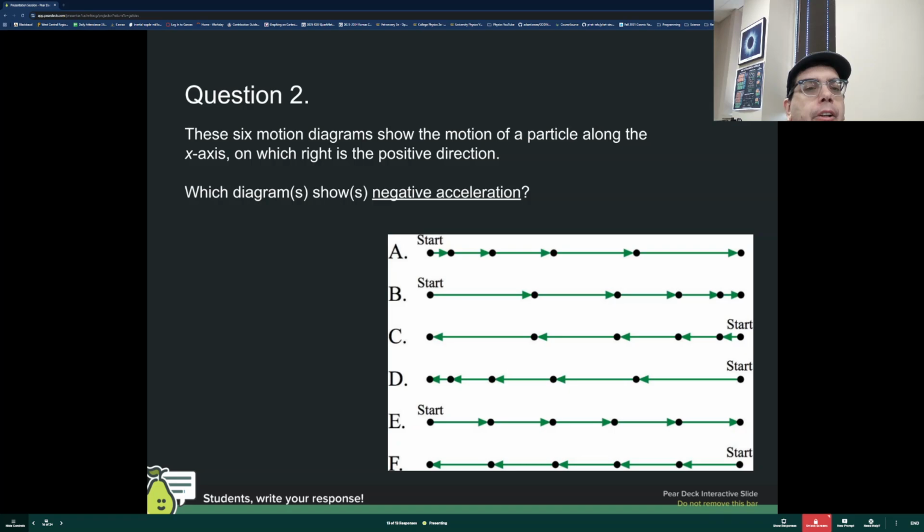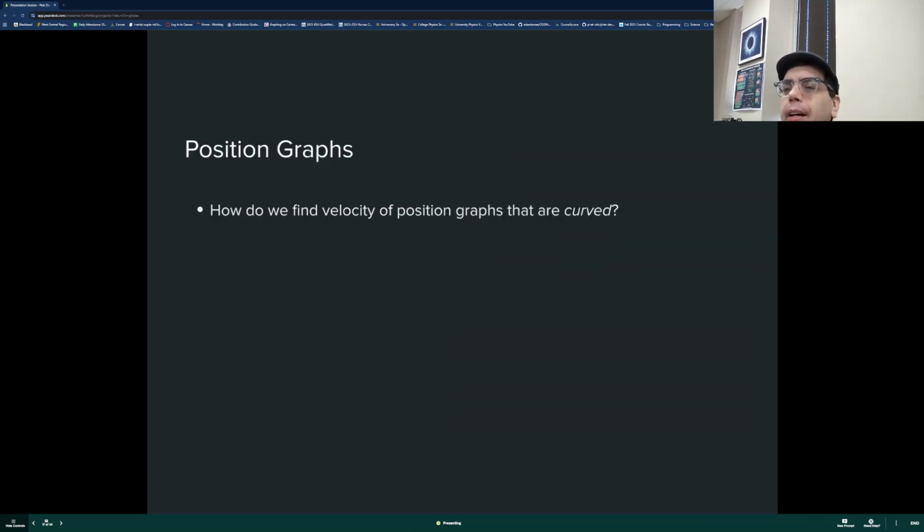Okay. So up to this point, the graphs that we've seen were piecewise linear position graphs, which corresponded to constant velocity graphs. And we've seen velocity graphs that aren't constant, but are linear instead. But we haven't seen the position graphs that go with that yet.